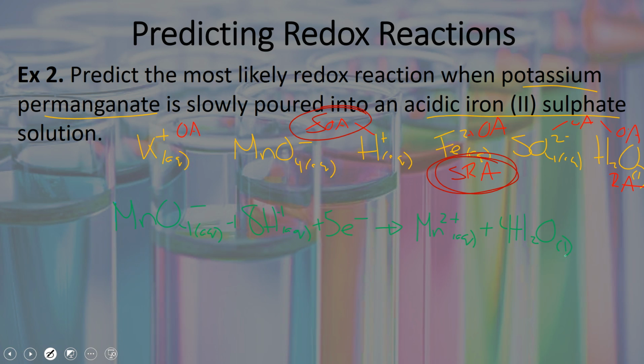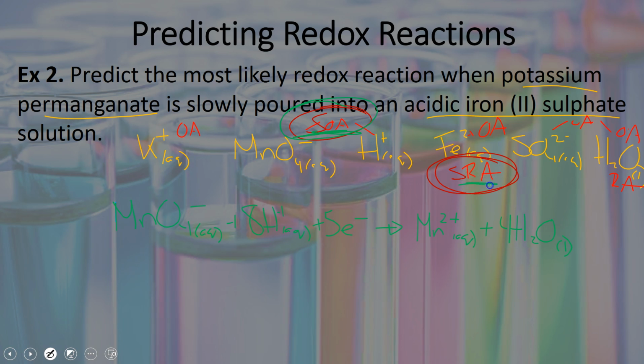It's the reaction between MnO4 and hydrogen. Both of these react together to give your SOA. If you look on here, there's no just MnO4 reaction. It has to be MnO4 with hydrogen. So is that the oxidation or reduction reaction? It is my reduction reaction because the electrons are on the left.